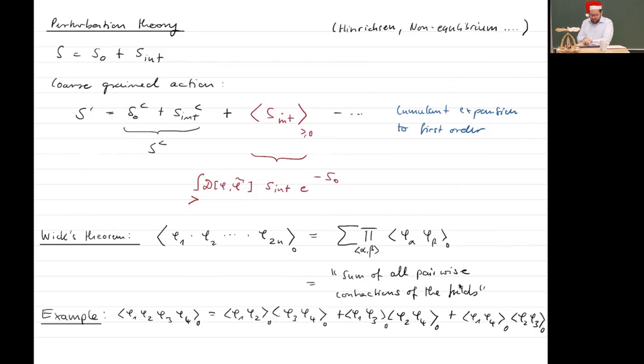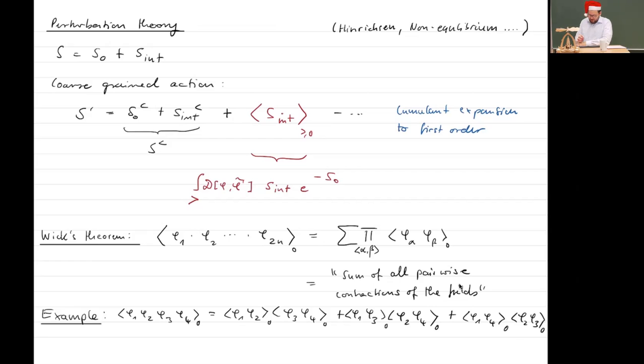Because if you can imagine, if the thing on the left-hand side is sufficiently complex, then what you have on the right-hand side involves a lot of different terms. So that's a bookkeeping exercise, and it's difficult to overview, because if you have not 4 fields but 8, there are many possible ways of how you can make these pairs of 2s.